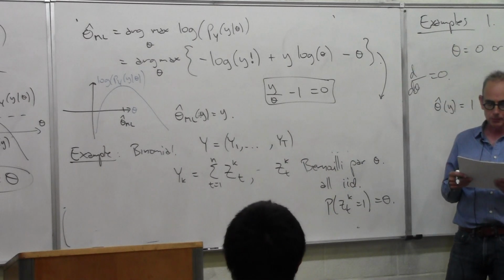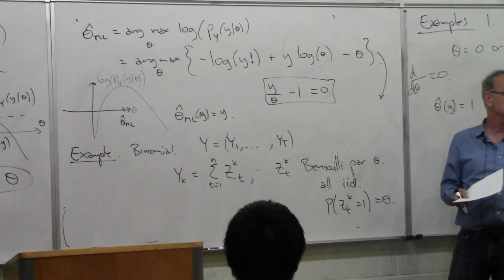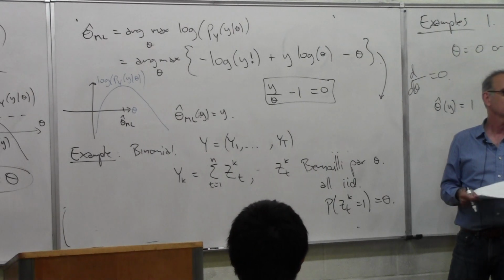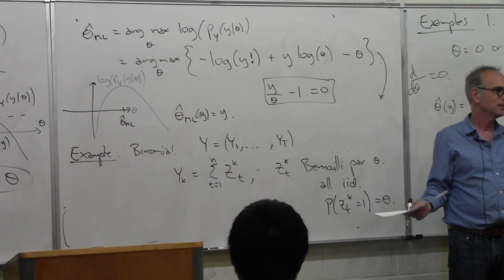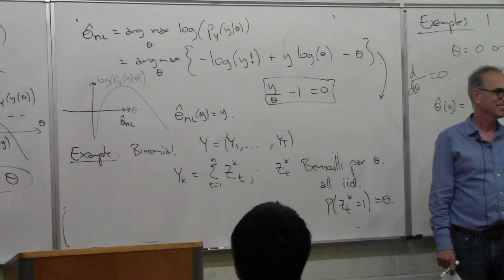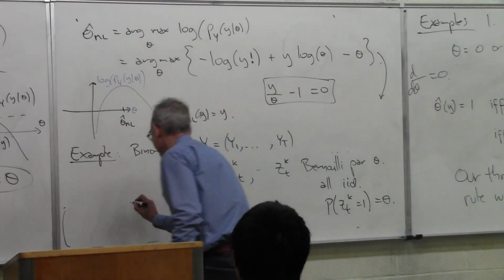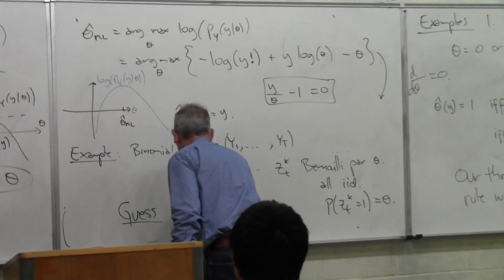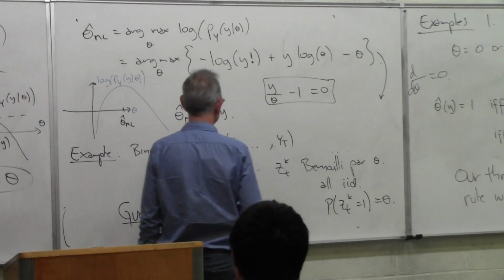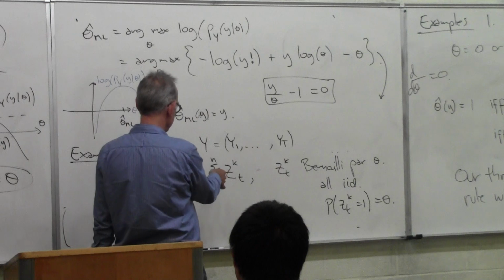And what is the ML estimator? Anybody have a guess of what the ML estimator will be? Before we do anything, what would you do if you were given this problem? Let's see, I sum up the y's.